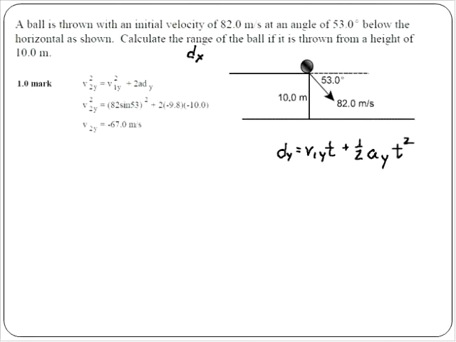Now if you had done it that way and plugged in dy as negative 10, v1y as 82 times the sine of 53, and ay as negative 9.80, you would have ended up with a t term and a t squared term. You would have had to use the quadratic formula.